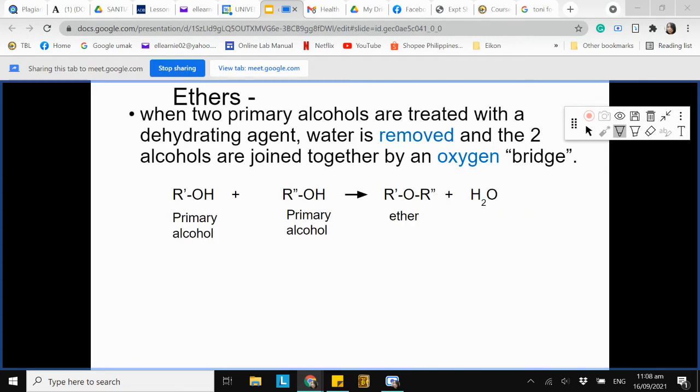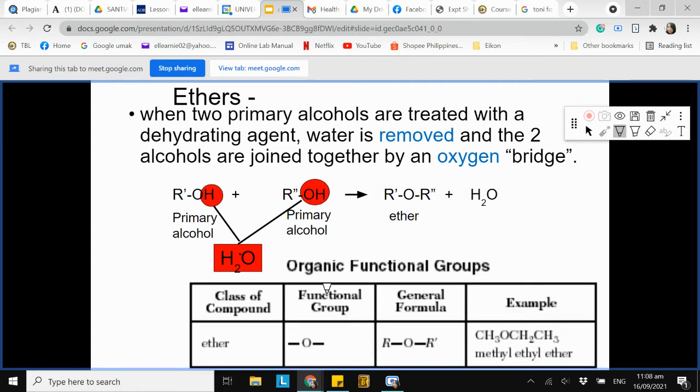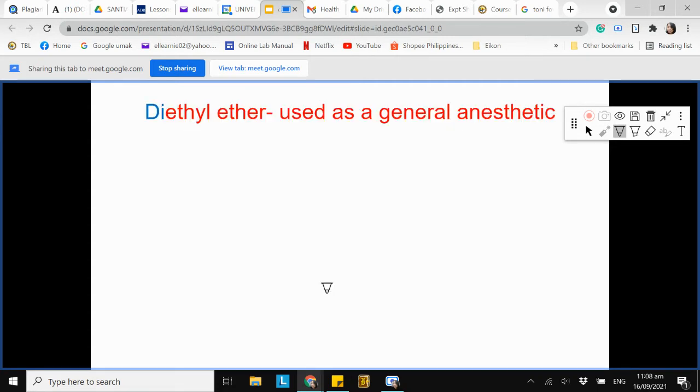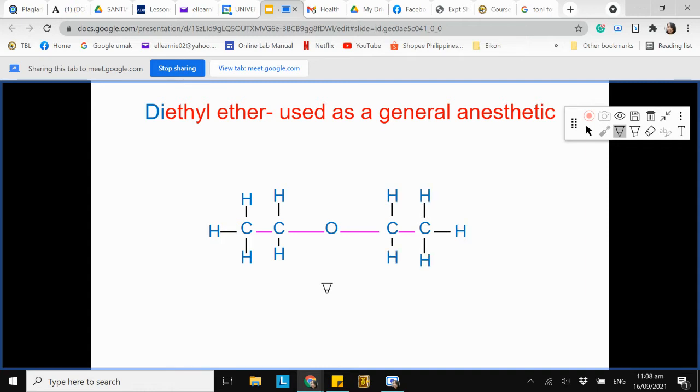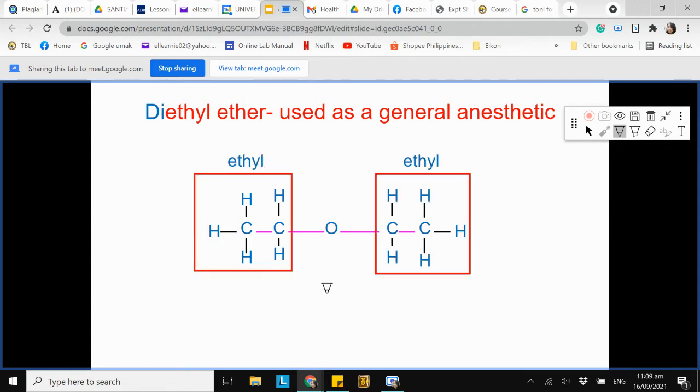Then ethers, on the other hand, are made from the combination of two alcohols. So yung hydrogen ng isang alcohol and yung hydroxide ng kabilang alcohol will be removed to form water, and it becomes now your ether. Now, the general formula in naming ether, as you can see here: sa common name, kung anong pangalan ng alkyl, tapos yung pangalan ng isang alkyl, then lagyan nyo lang ng ether.